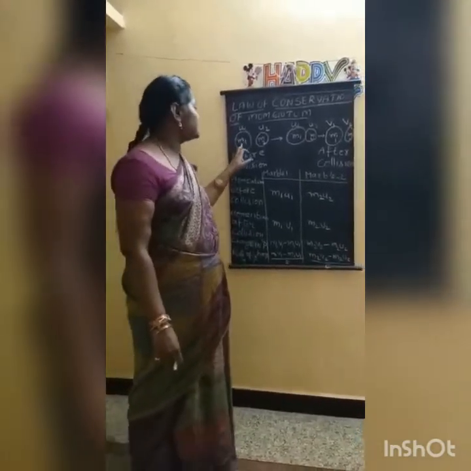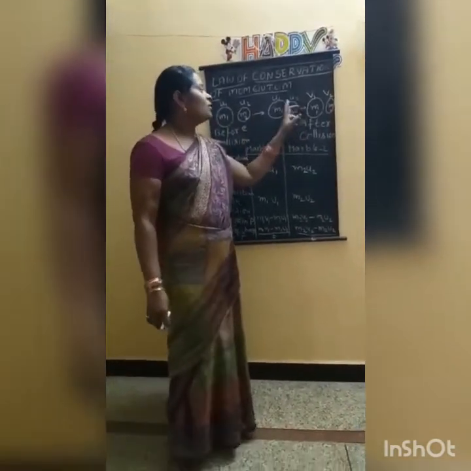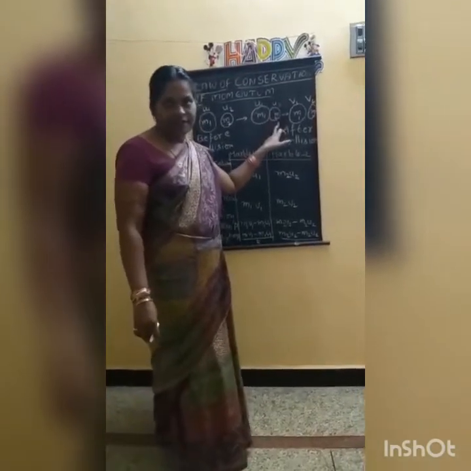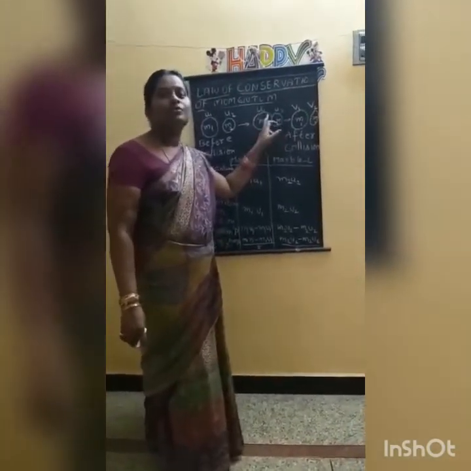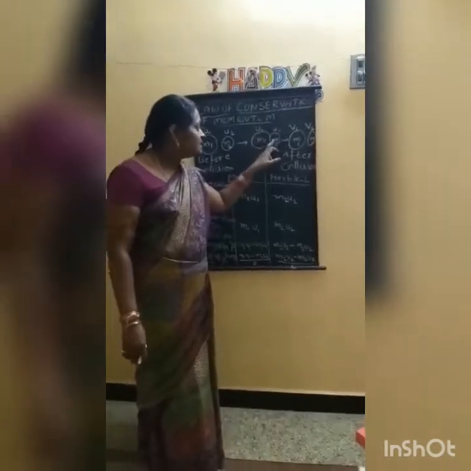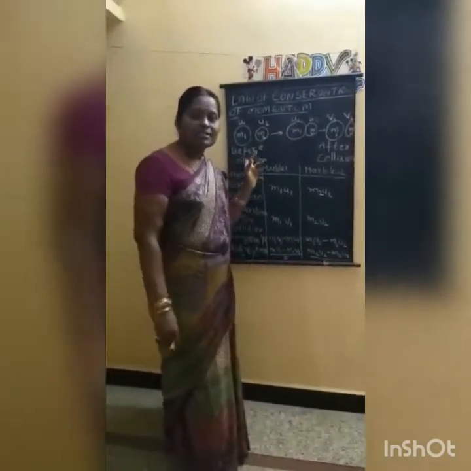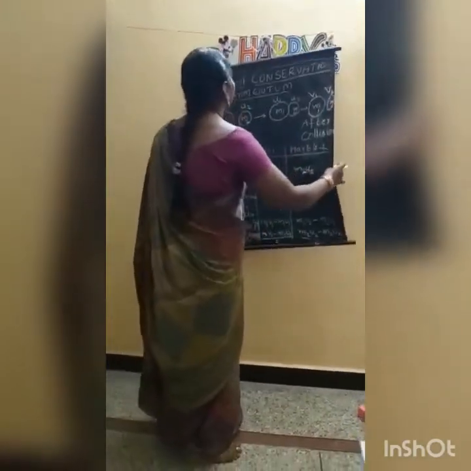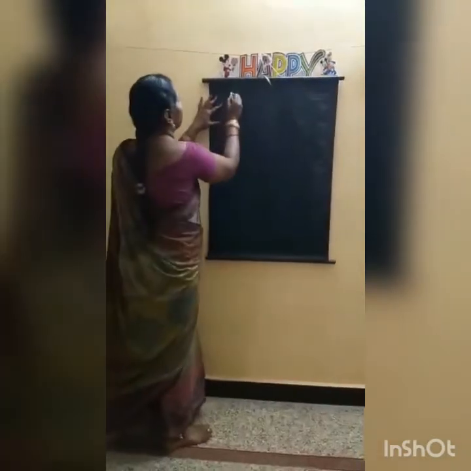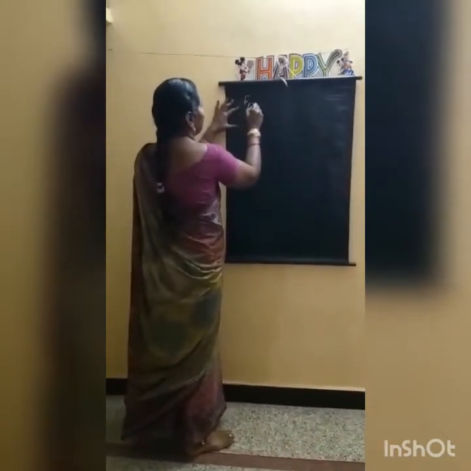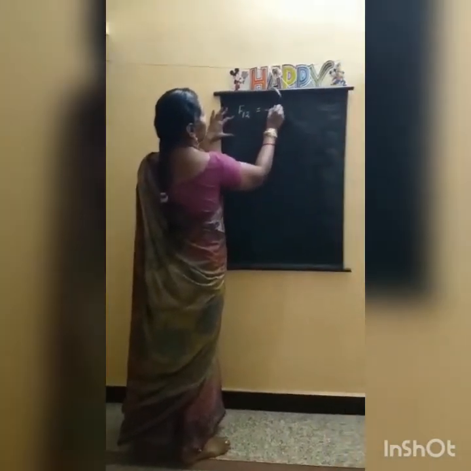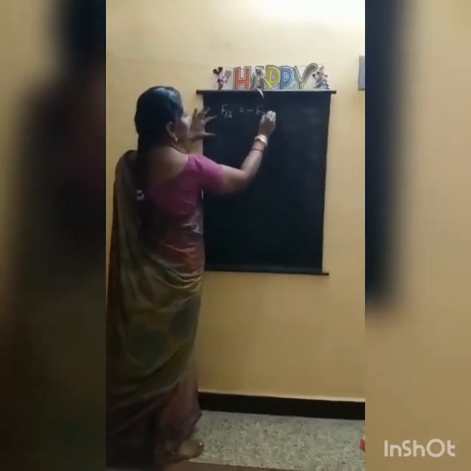The force exerted by the first body on the second body is equal to the force exerted by the second body on the first body, but opposite in direction. It is written like this in the form of F12 equal to minus F21.